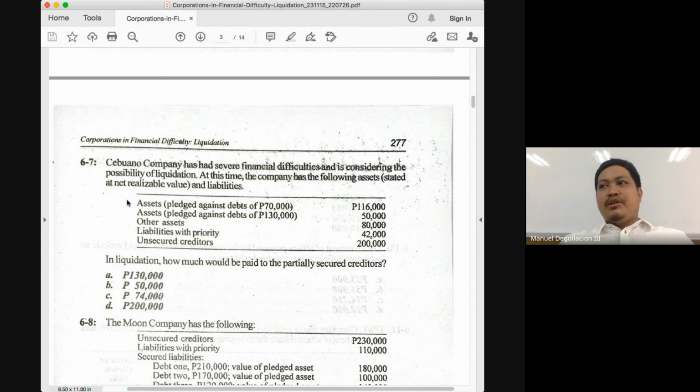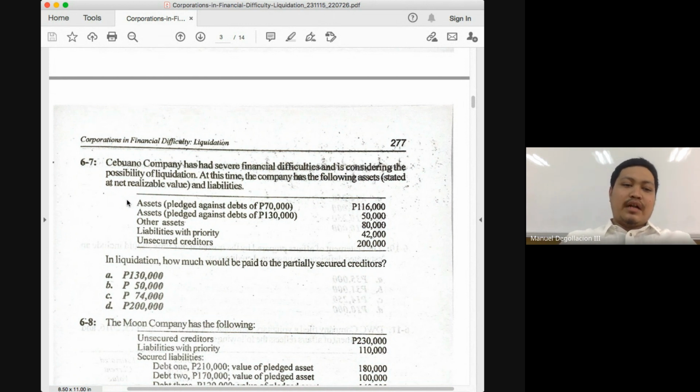Why are they considered partially secured? Number one, they are secured because assets amounting to 50,000 are dedicated for it. But why is it only partial? Because the amount of security is lesser than the amount of liability. So the partially secured liability here is 130,000, and it is secured up to 50,000.